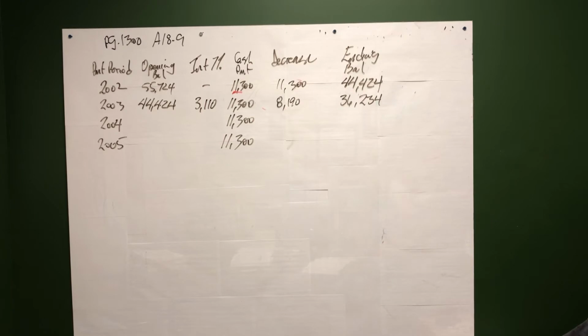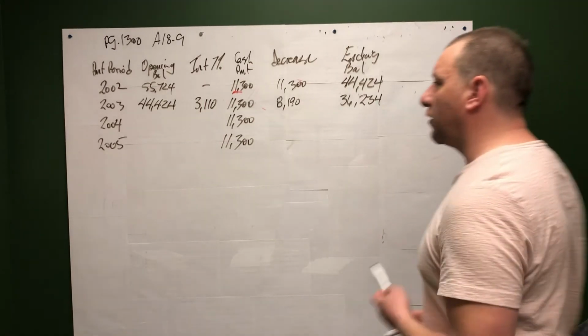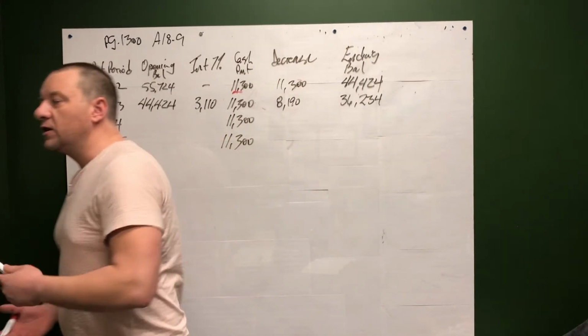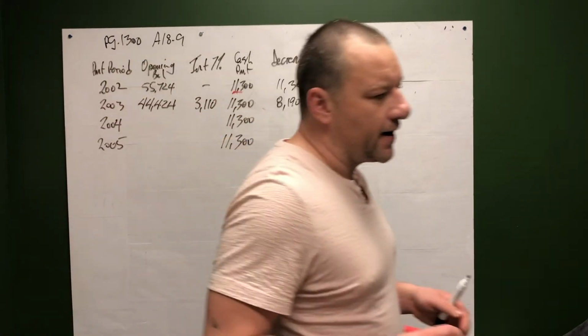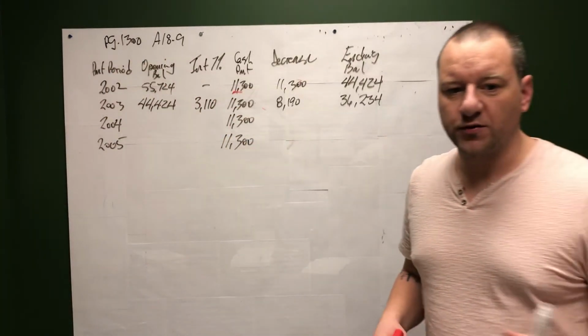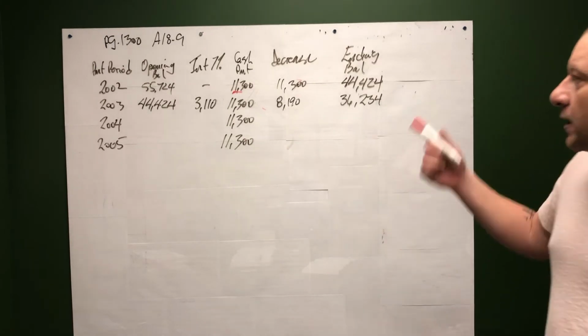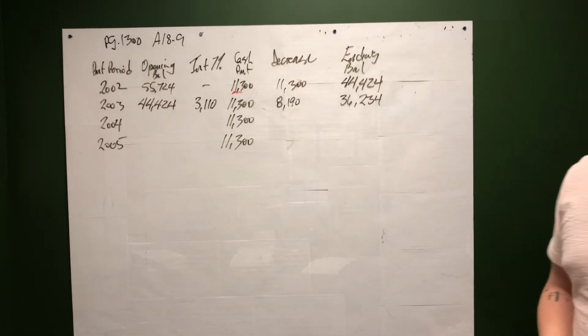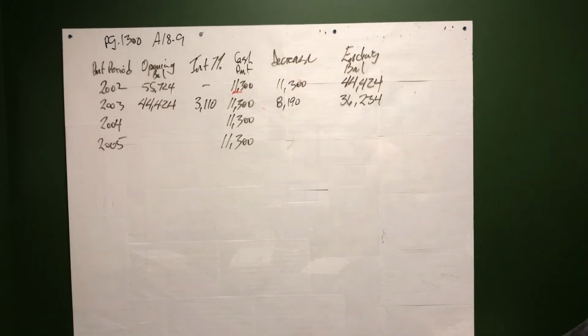If April 1st was the beginning of the year, and it said nothing about December 31st, we wouldn't have had to take a partial interest payment. We just would have gone straight to the end of the year, recorded our lease expense. The credit would have gone to lease liability. Again, I'm just going off page 1256.